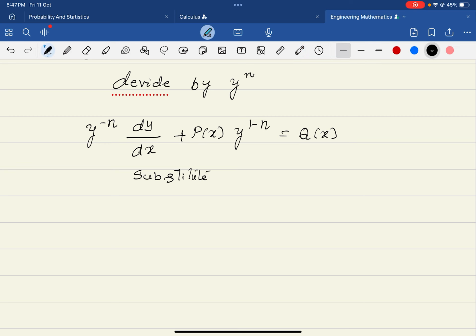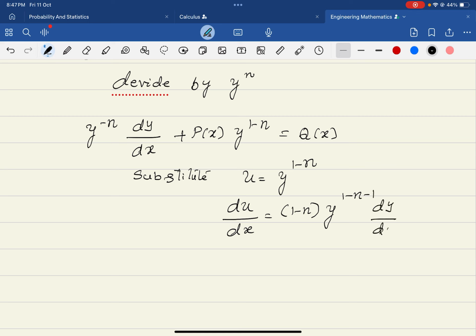Let us see how it is possible. Substitute u is equal to y power 1 minus n. Then what is the derivative of u with respect to x? It is given by 1 minus n times y power 1 minus n minus 1 dy by dx. This is the substitution, and this is the derivative.